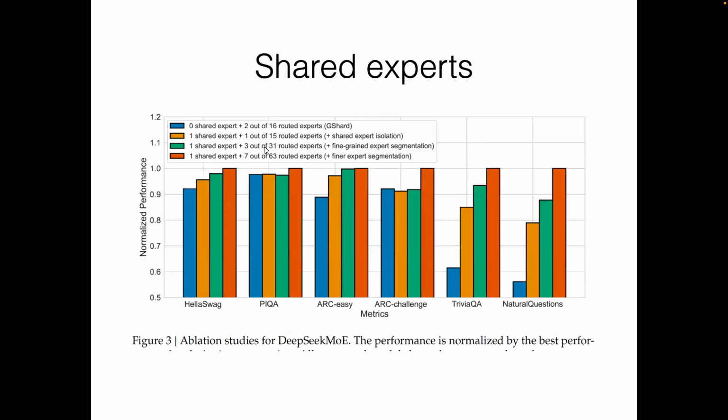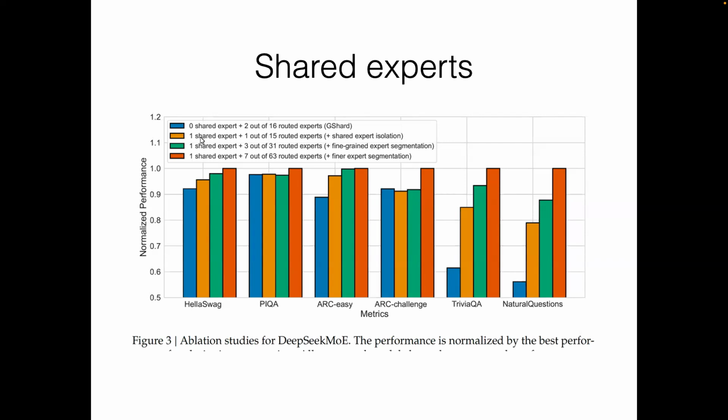So it's a bit small, but here's the kind of result from the DeepSeek paper, and they do these nice ablations. First of all, here they have 0 shared experts, and they have 2 out of 16 routed experts. So they're routing to 2, and they have 16 total.